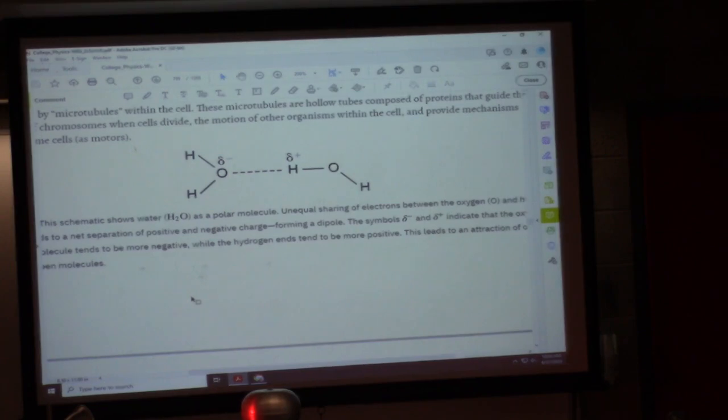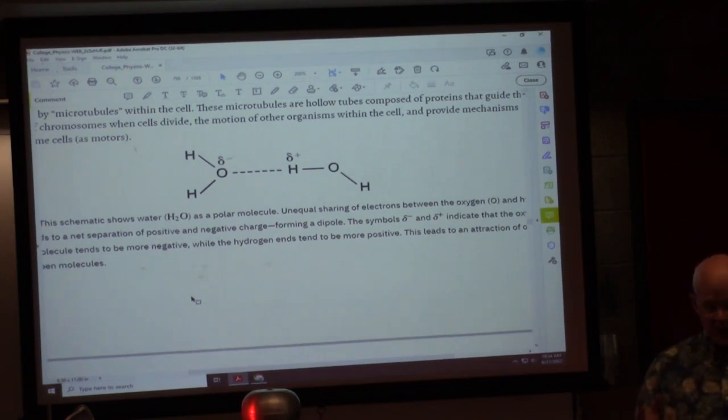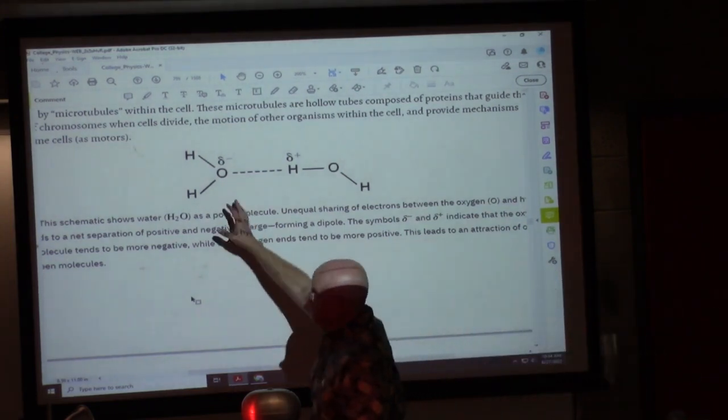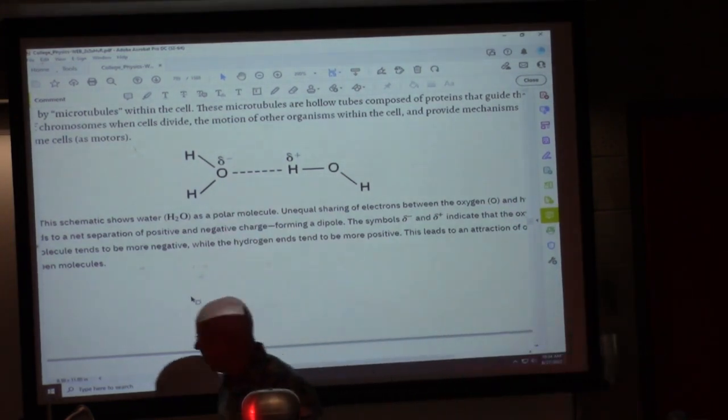And he also then points out that water is probably impossible to understand if you don't understand electrostatics. Because what happens with water is this oxygen sucks that electron like crazy. Maybe I should draw a picture here.